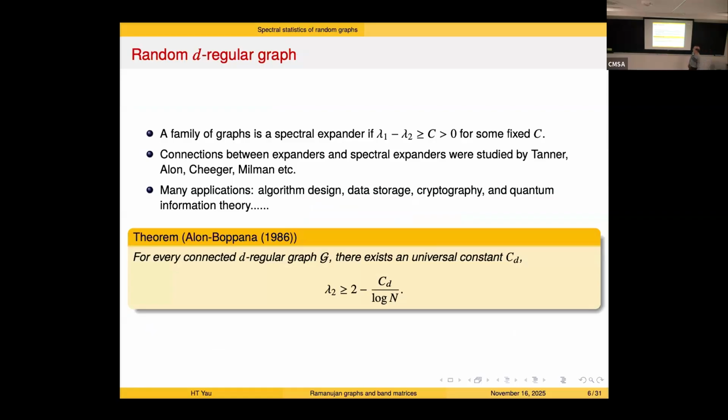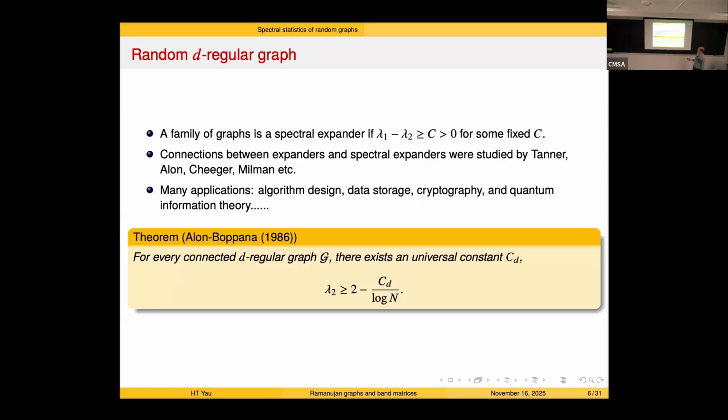The question we are interested in is something called the spectral expander. A spectral expander is a graph with a spectral gap between the first and second eigenvalues, for some fixed constant, so that as your family of graphs becomes bigger, the gap stays strictly bigger than some constant c. These are called spectral expanders.